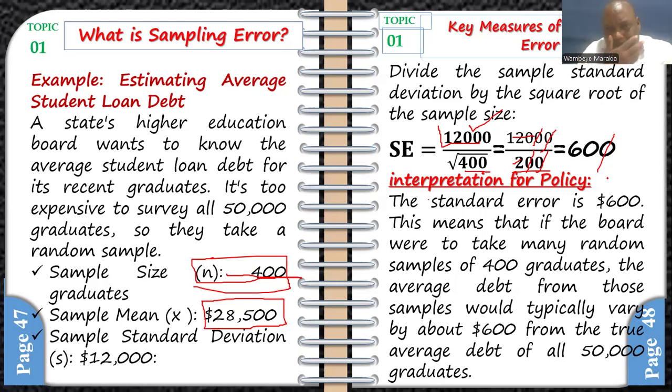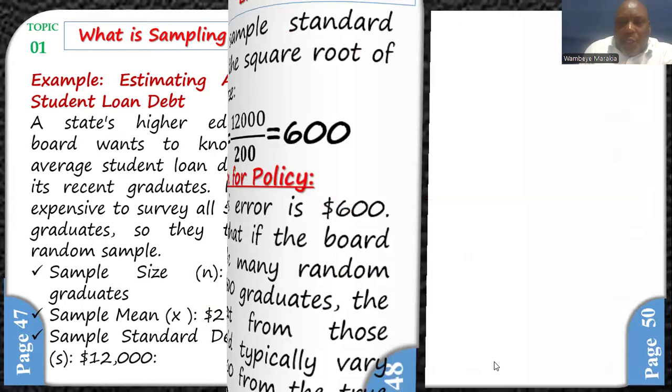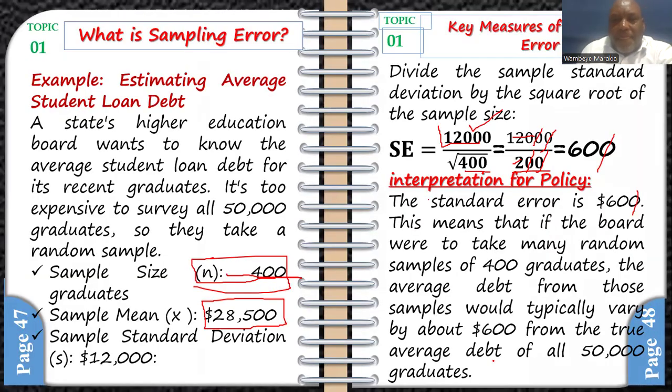It should be 60. The standard error is $60. And this means that if the board were to take many random samples of 400 graduates, the average debt from these samples would vary by $60 from the true average of all the 50,000 graduates.